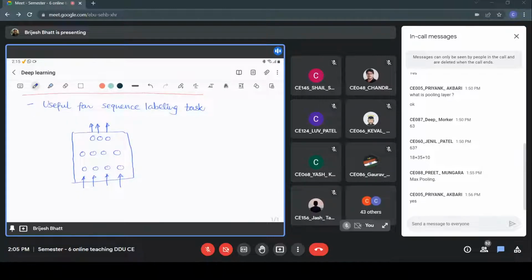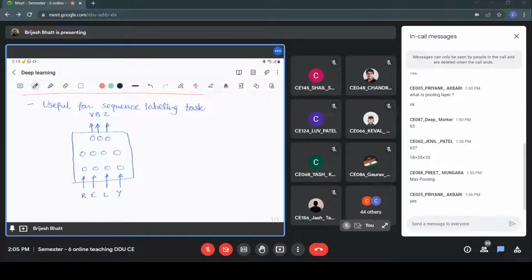Let's say we are passing a word for which we want to predict the part of speech. Let's say the word is rely, and the part of speech here is verb. Let's say the encoding for verb is VBZ.